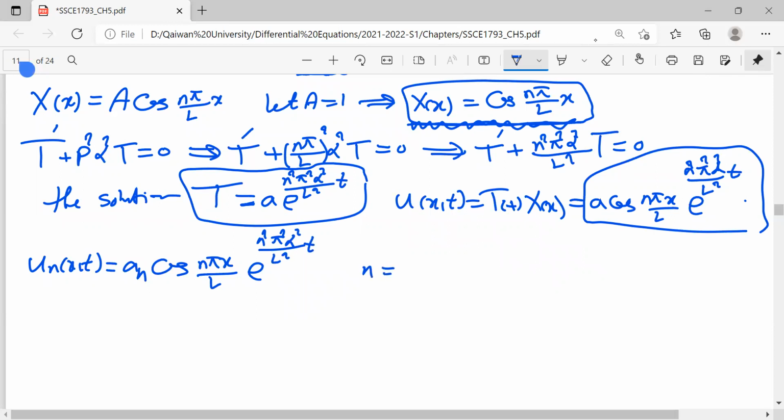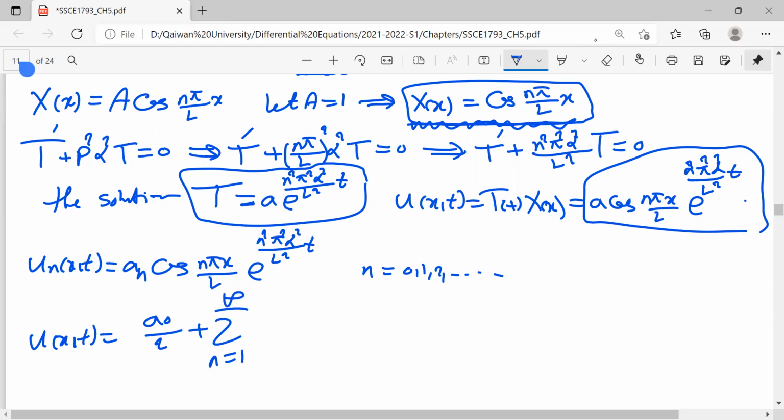For n to be 0, 1, 2, and so on, here we take n to be 0 also. Because in the previous example, if n is 0, we get 0, that's why we don't take that iteration. But here we must take from 0 to get a naught and a_n also. And u of x,t equals a naught over 2. This is the rule of Fourier series. A naught over 2 plus the sum of n from 1 to infinity.